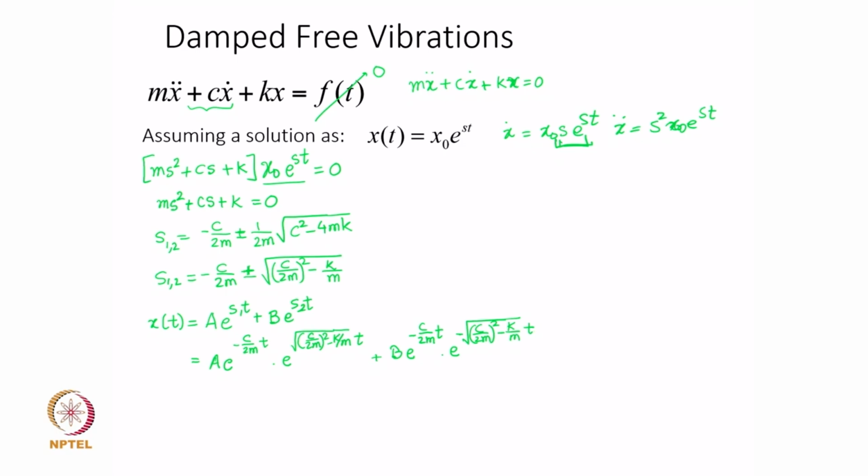Now, what you notice here, if you look at this entire solution, is that this part, what do you call this, is an exponentially decaying term. With t increasing, you will have this particular term gradually diminishing. Same here. Look at this term, this as well as this.